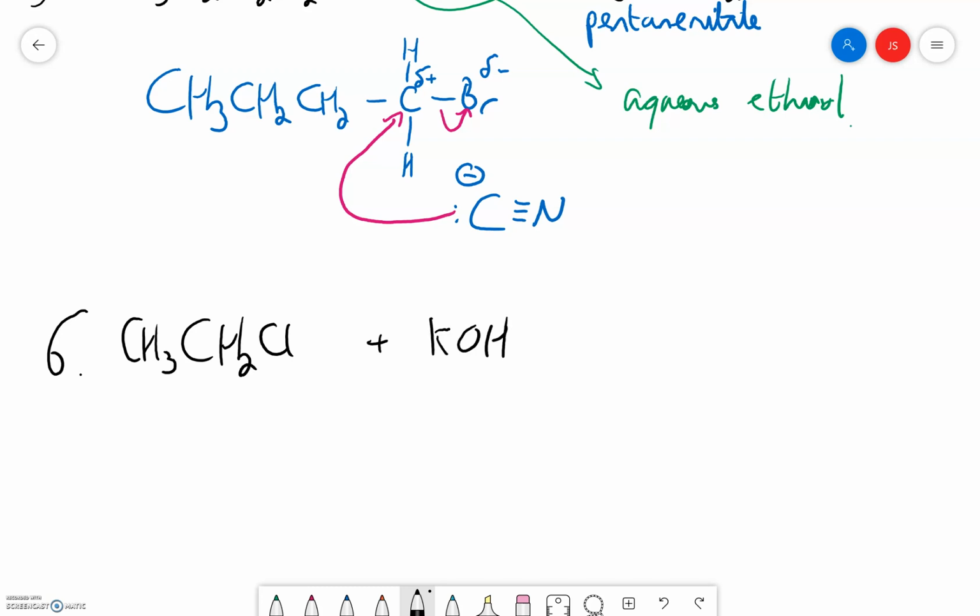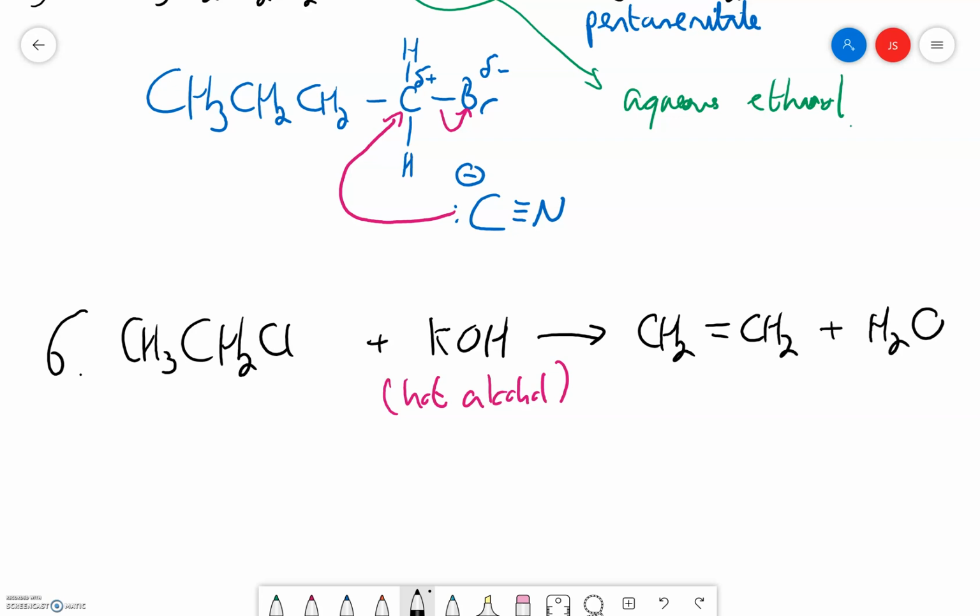And because it's in hot alcohol or hot ethanol, it is not nucleophilic substitution, it is the elimination mechanism. So you end up with the alkene, which will be ethene in this case, plus water plus potassium chloride.